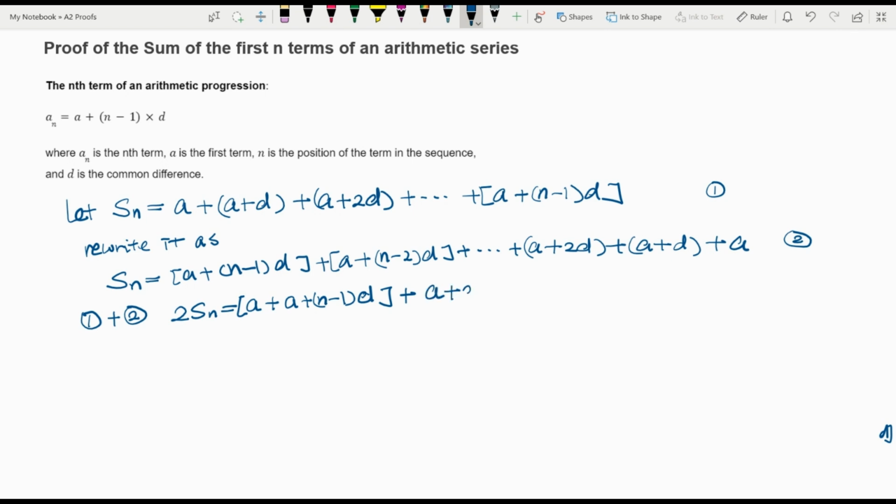You have the second term adding the second term, and then the last term. And we simplify this. We keep the left hand side the same.